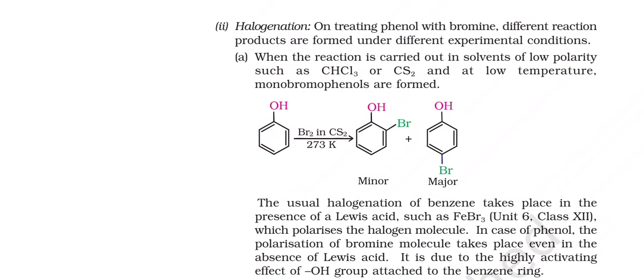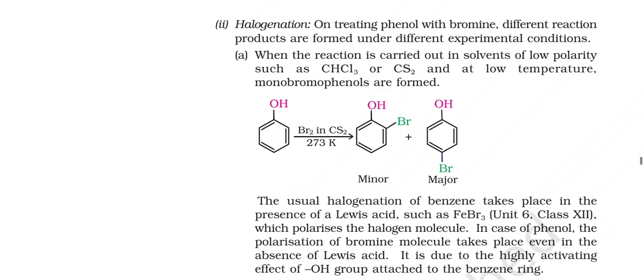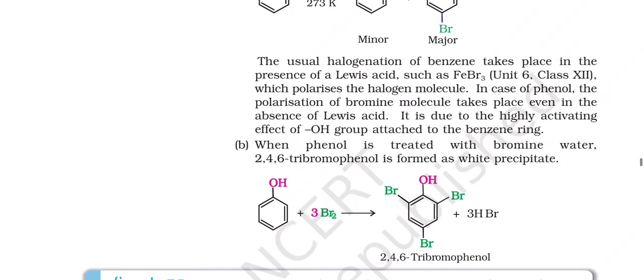Halogenation. On treating phenol with bromine, different reaction products are formed under different experimental conditions. When the reaction is carried out in a solvent of low polarity such as CHCl3 or CS2, and at low temperature, monobromophenols are formed.